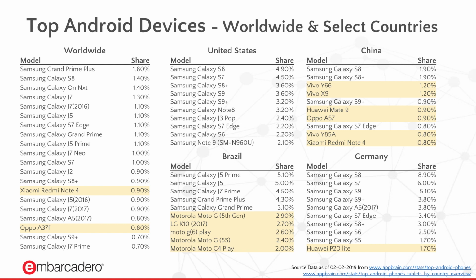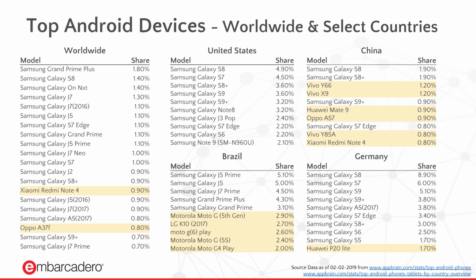Here are the top Android devices worldwide, and then I just picked 4 countries that I thought would be interesting to look at. We see, again, I've highlighted the ones that aren't by Samsung. Most of them are Samsung devices. Even in China, the first and second most popular devices are by Samsung. They have a lot more representation of other devices there, Chinese devices, and then Brazil, we see, has about half and half.